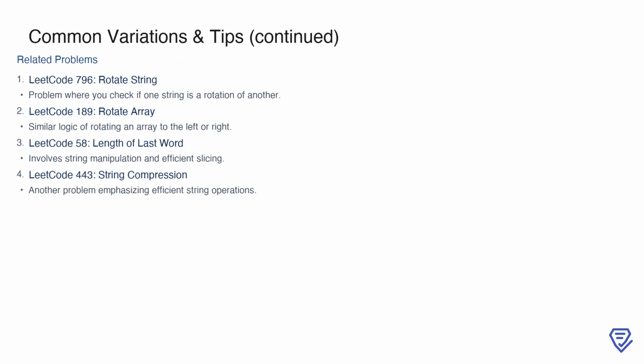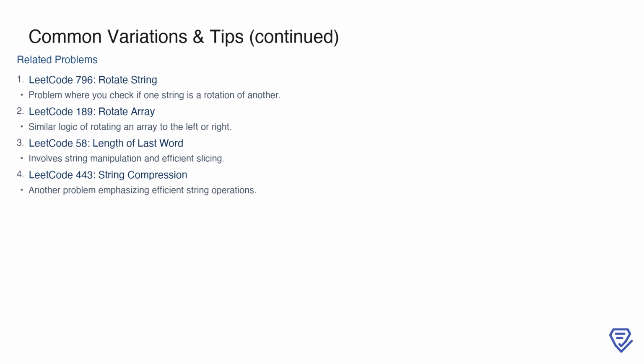This problem is part of a broader category of string manipulation challenges, and understanding related problems can deepen your skills. For instance, in LeetCode 796, Rotate String, you determine if one string can be transformed into another through rotations. This directly ties into the concept of shifting. Similarly, LeetCode 189, Rotate Array, applies a comparable logic for rotating arrays.